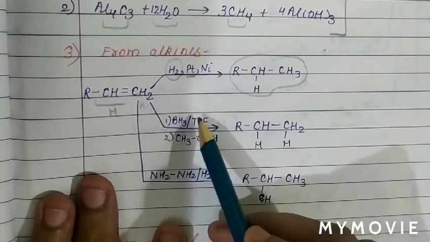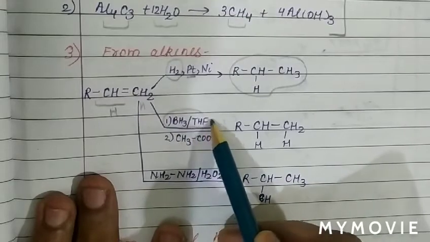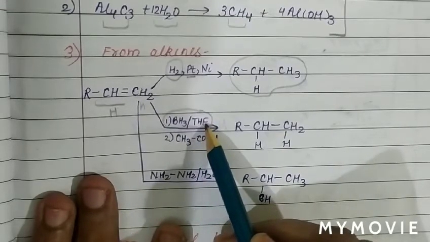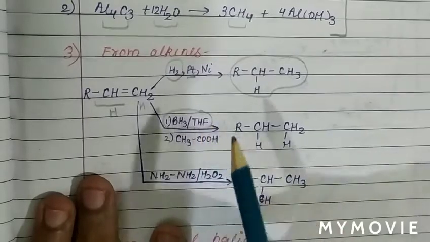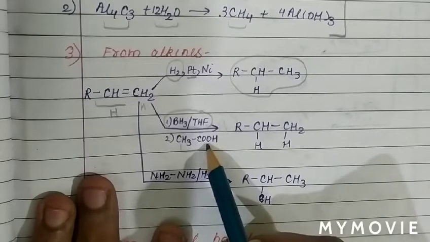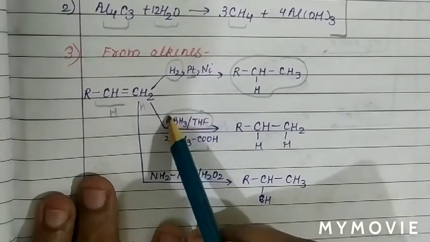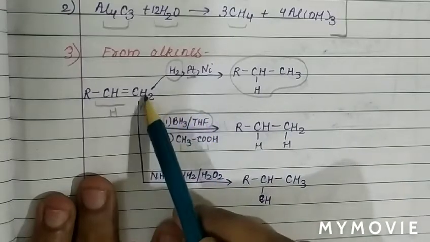And also if BH3 in presence of tetrahydrofuran, with solvent acetic acid is added, this reagent also adds hydrogen to the double bond.